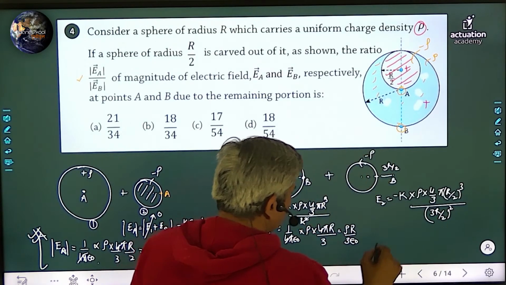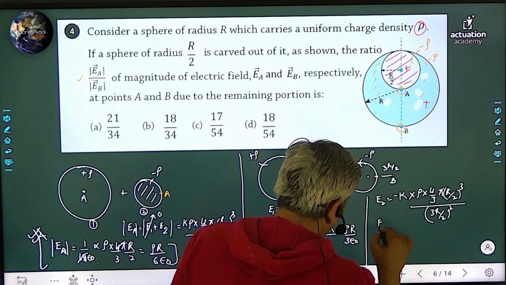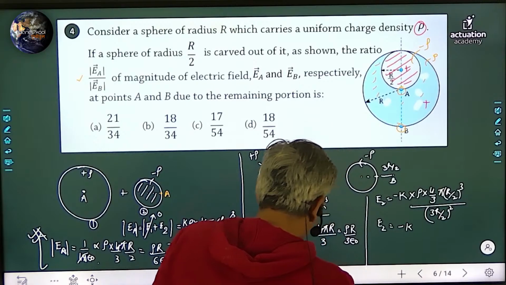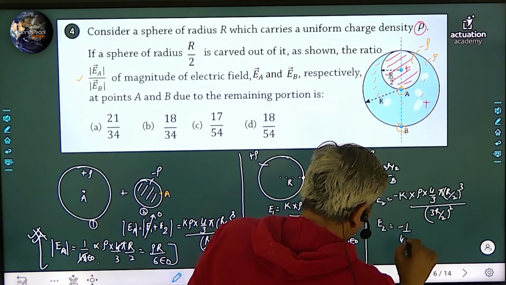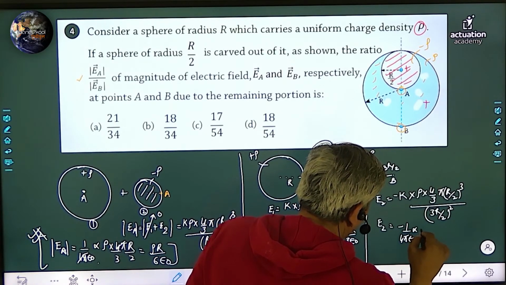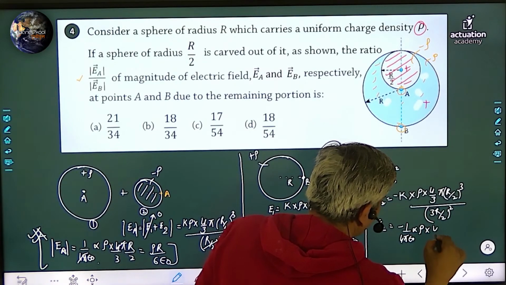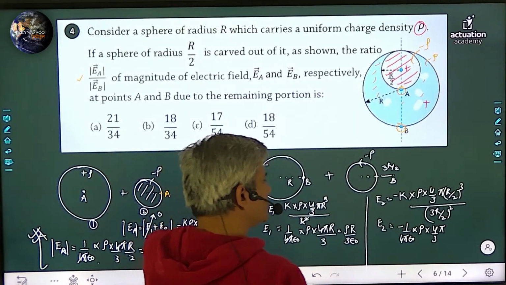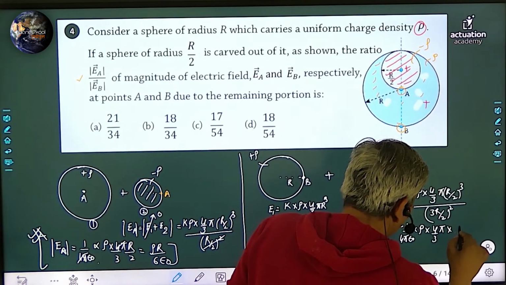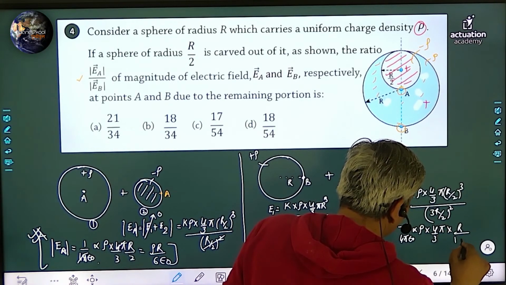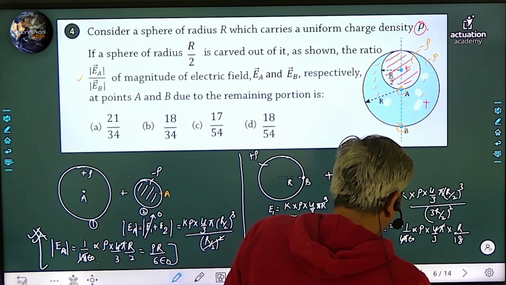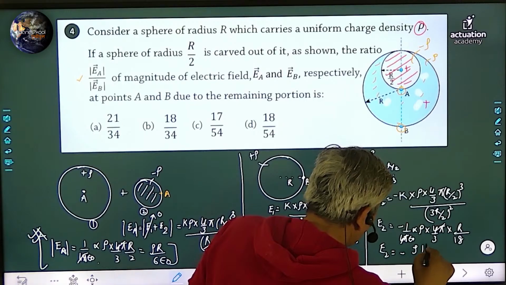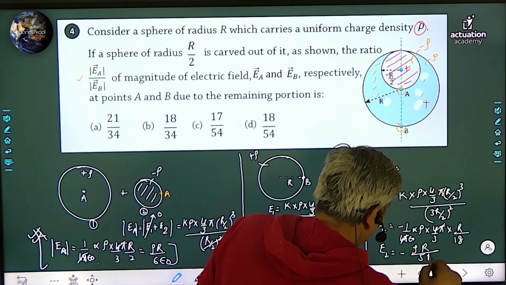If I solve it quickly, then E2 is equal to minus K into rho, 4 pi by epsilon naught into rho into 4 by 3 pi and r by 2 cube. This will become r by 3 into 3 is 9, 18. 4 pi and 4 pi will cancel out and E2 will become minus rho r by 54 epsilon naught.